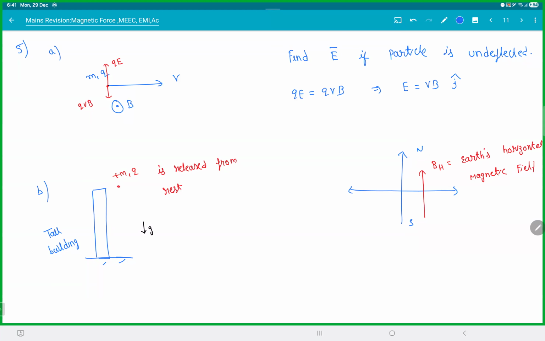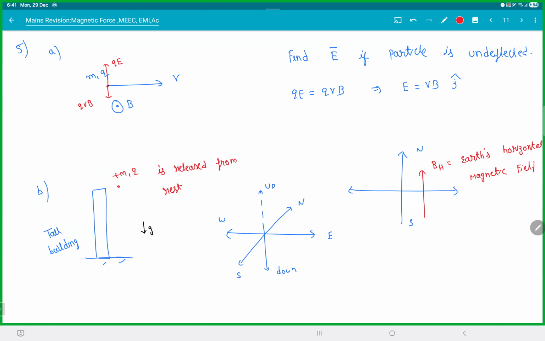So your velocity is minus GT J cap. Let's take this as east, north, south, west. This is up and this is down.